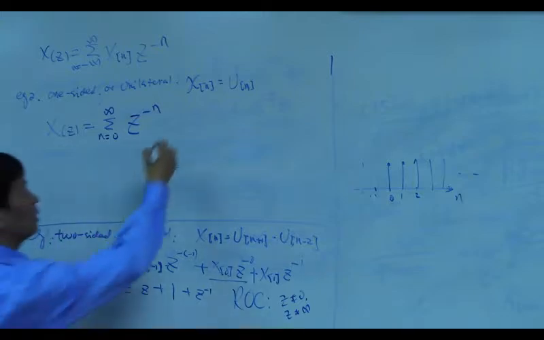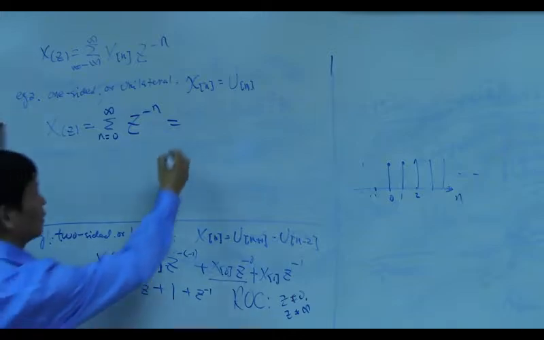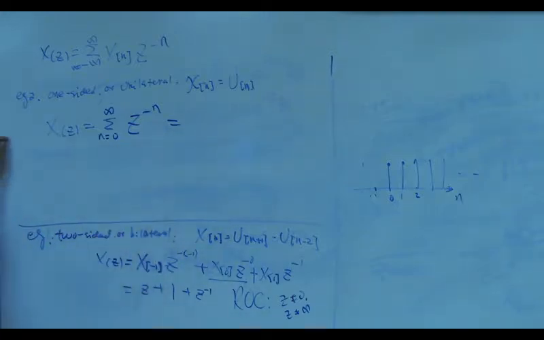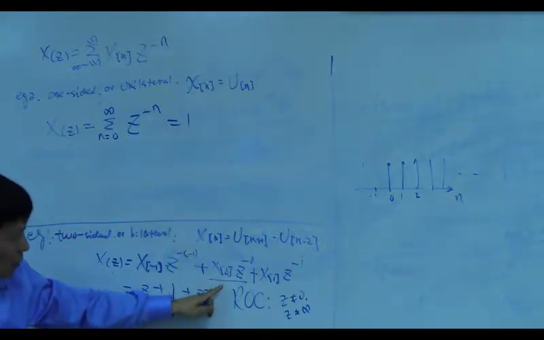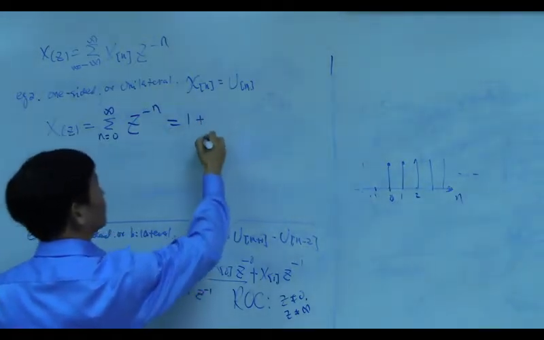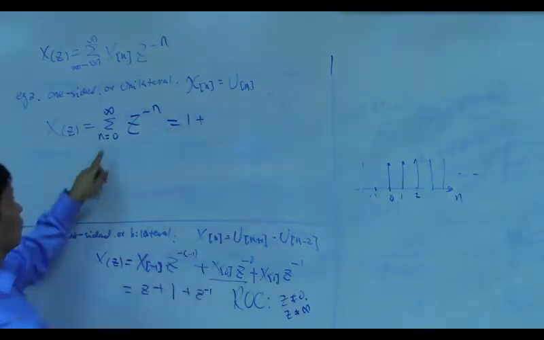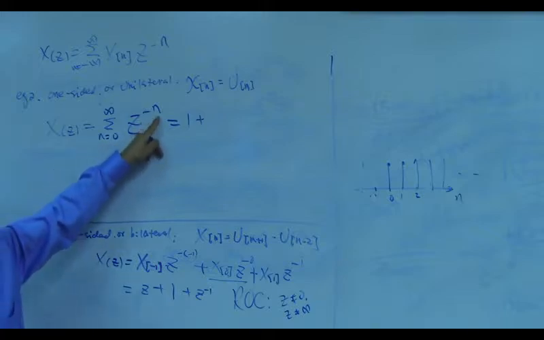Let's see. When n equals 0, what's the first term? 1. z to the negative 0 equals 1. What is the second term, when n equals 1? z to the negative 1.